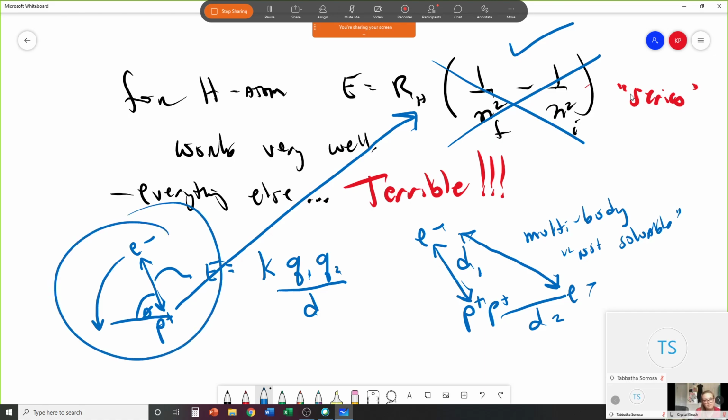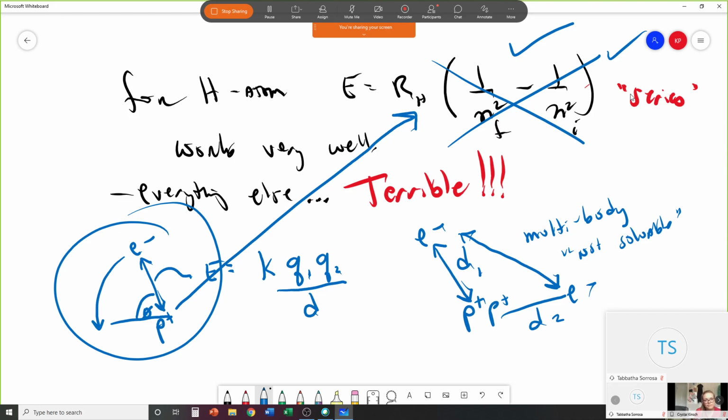You have a two-body system. It is solvable exactly, and so sure enough, you get an exact equation. But if you go beyond one electron, which means helium and everybody else, and molecules, which obviously have more than one atom and more than one electron, it breaks down in a hurry.